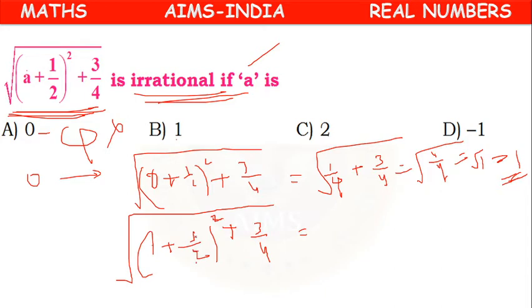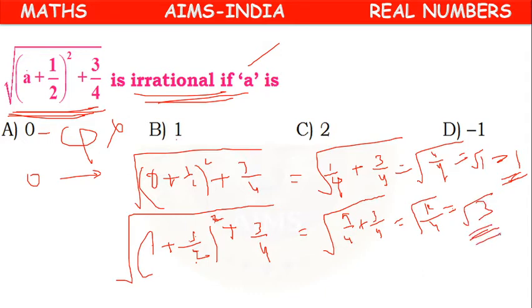So 1 plus 1/2 is 3 by 2. 3 by 2 whole square means 3 square 9, 2 square 4. 9 by 4 plus 3 by 4 equals 12 by 4. 12 by 4 means 3, root 3. It cannot be expressed in terms of squares. Root 3 we are getting, which is an irrational number. So if we keep 1, we are getting an irrational number. So B is the correct answer.